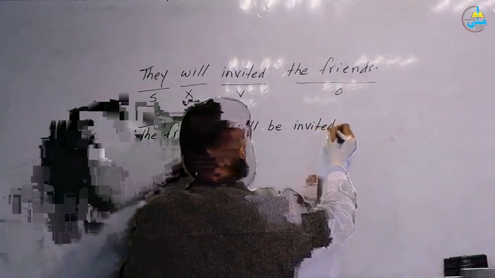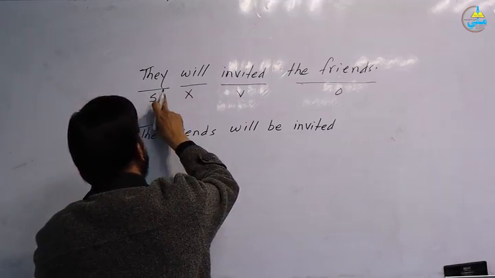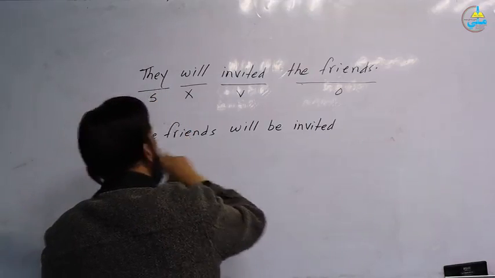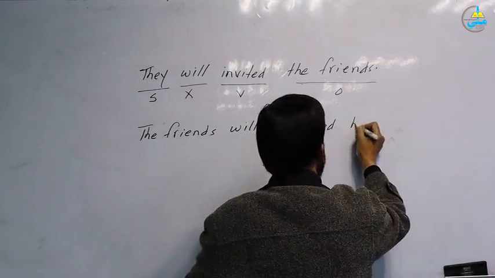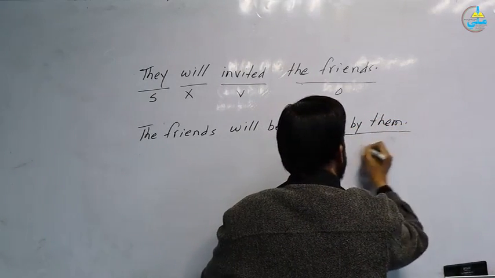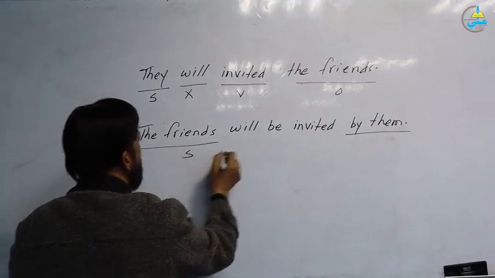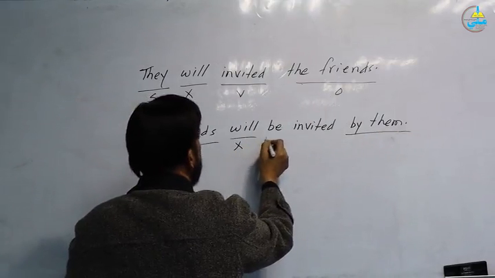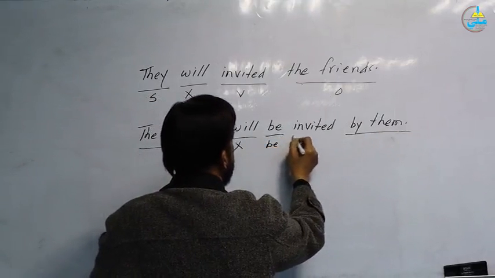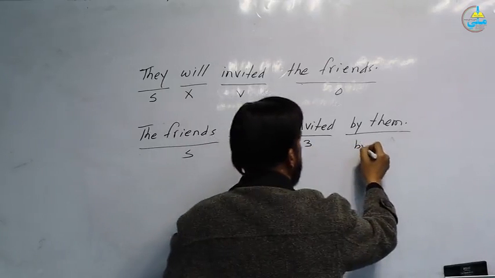Where does they go? Invited by them. They becomes them. This is the by phrase. So here, the friends, will is the helping verb, this is be, invited is the past participle, and this is the by phrase.